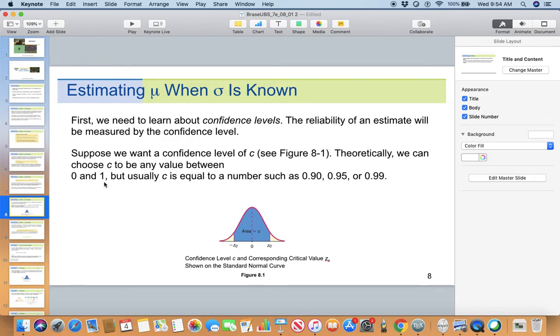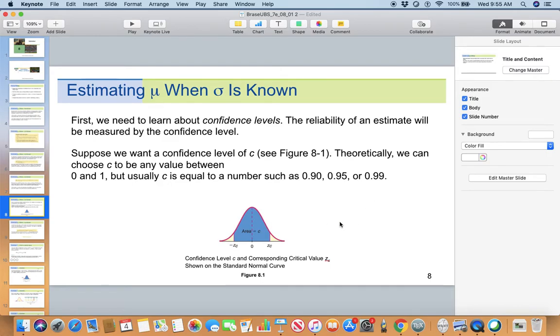You can say 0%, but that's hardly confidence building, right? And 100%, well, you should really know something more than you're telling me to say 100%. To have a good confidence level, typically people take 90% or 95% or 99%. So your number C could be 0.9, 0.95 or 0.99.